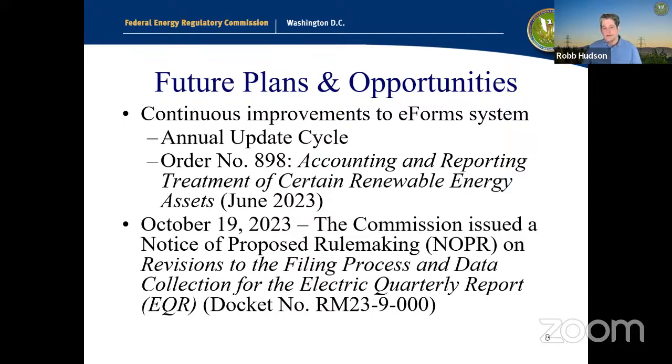This is just future plans and opportunities. We have an annual update cycle for our current e-forms, which are 10 different forms, and we can talk about them specifically at another time. Every year we update things. We put out a draft of the taxonomies, the rules, and anything else, usually around mid-November.